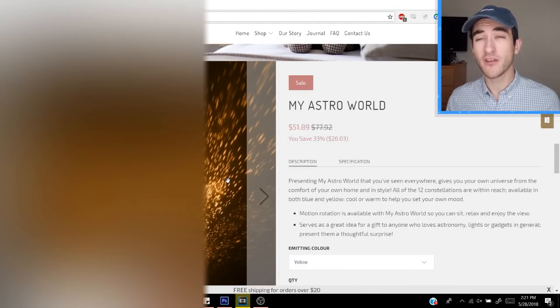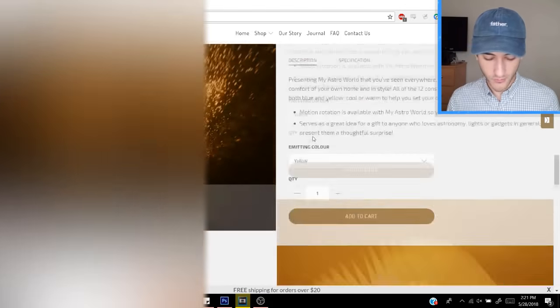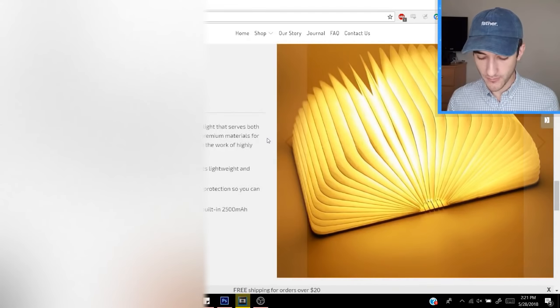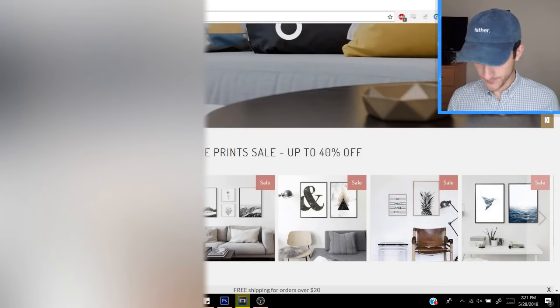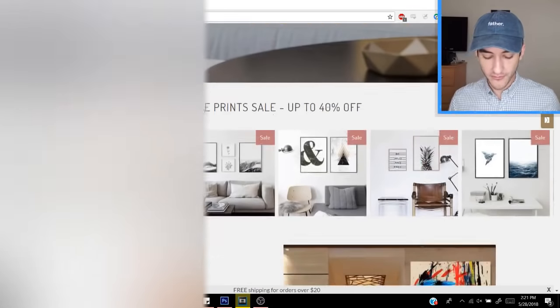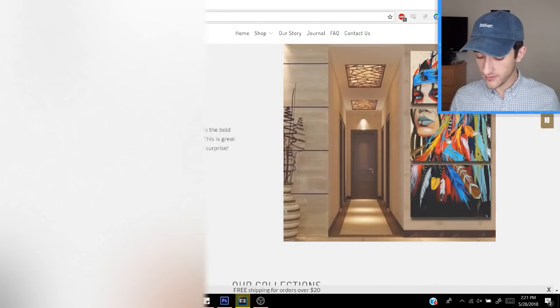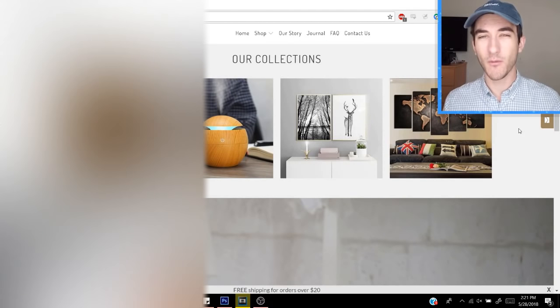Now, some of these products are pretty hot, like this astrology, my Astro World thing. This book light I remember was popular like a year ago, selling like a moon lamp, which was popular. Some pretty good products in here. And then going throughout the rest of the website, he's got some very nice prints like this, presented in a beautiful way. It's just an excellent laid out website.